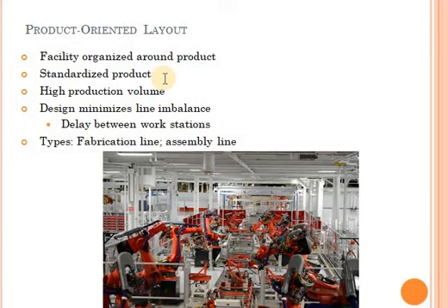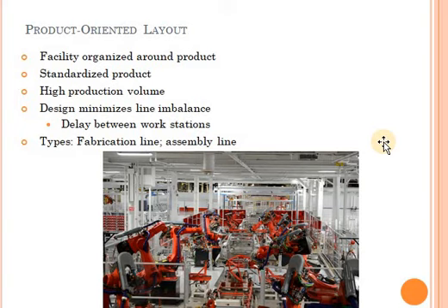Maybe the only thing that might change is the final color of it. So basically it's a standardized product, because all the steps will be the same. I will go in the same sequence. I will get the same final output with slight differences between the products.